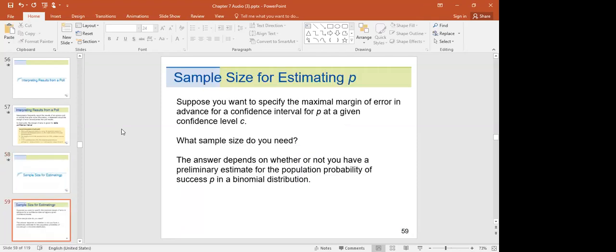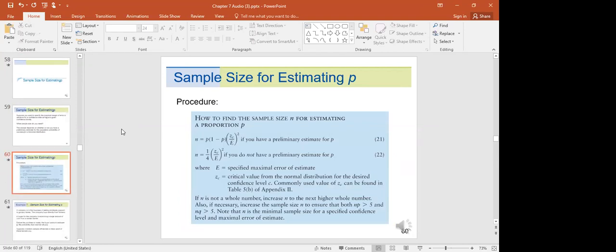Now, suppose we are given the margin of error and we are asked to find the minimum sample size. For proportion, there are 2 cases we are going to consider. The first case is if a preliminary estimate for P is given to us.